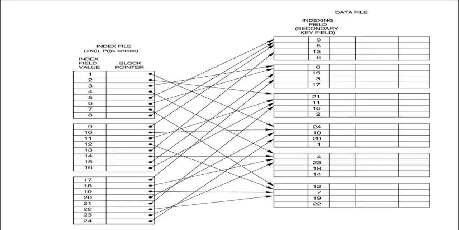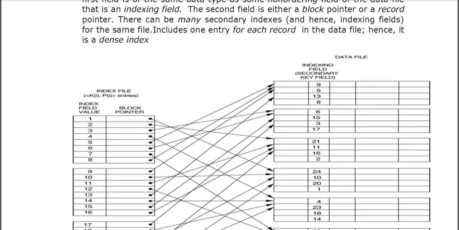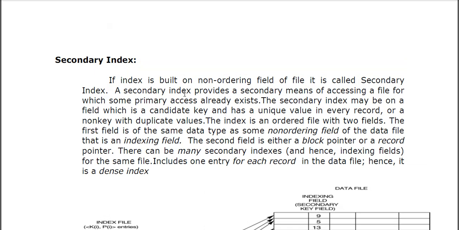Secondary indexing is built on a non-ordering field. The previous case, the primary indexing, was built on an ordering field. When it is built on the non-ordering field of the file, it is called secondary indexing.